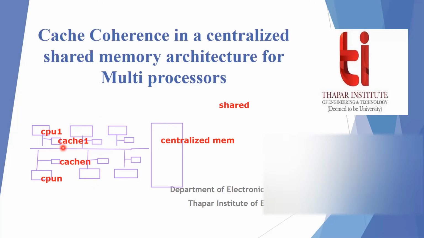In both cases, the processor writes the data item to the respective cache and to the main memory, maybe later on or in the same go. So only your main memory and cache 1 are updated with the new value, right? Yes, ma'am. Okay. And this causes a problem called cache coherence amongst all the other caches with the other processors.